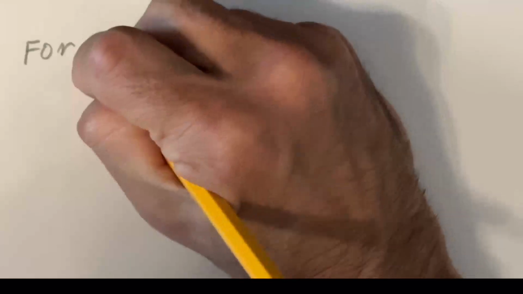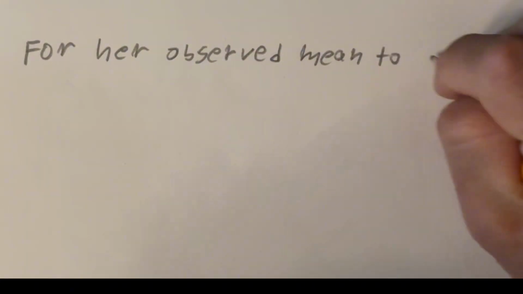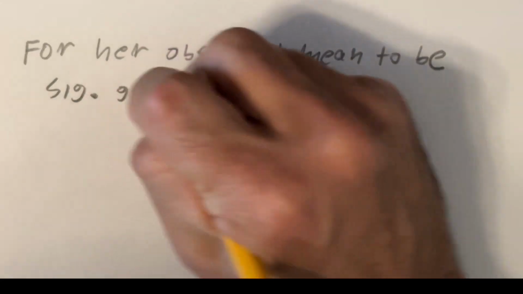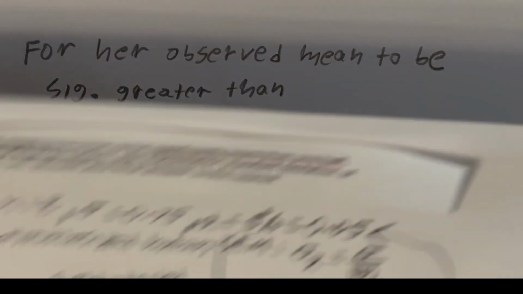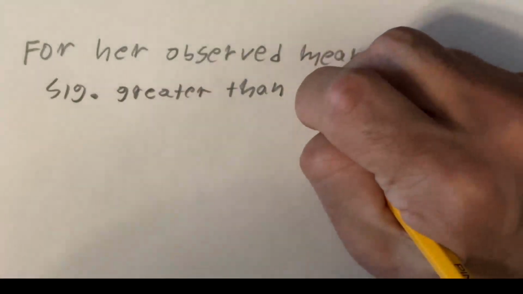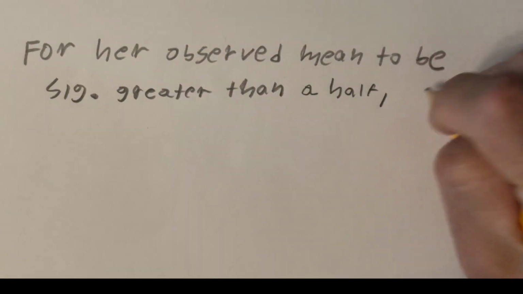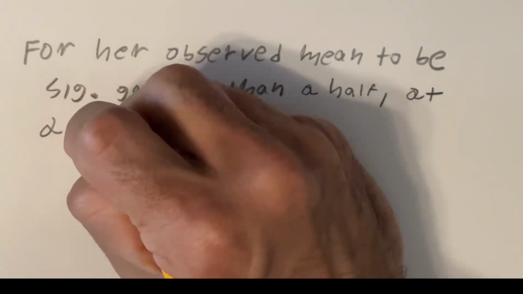For her observed mean to be significantly, I'm just going to write sig, greater than, and we go back to the problem, a half, 0.5, at the 5% significance level. Now I'm just going to write alpha equals 5%.